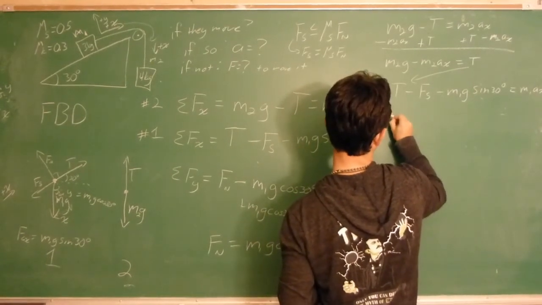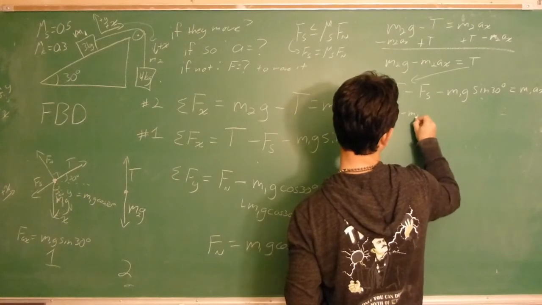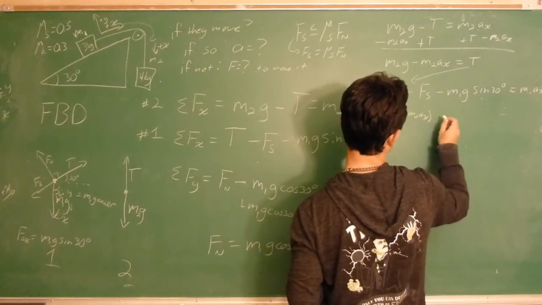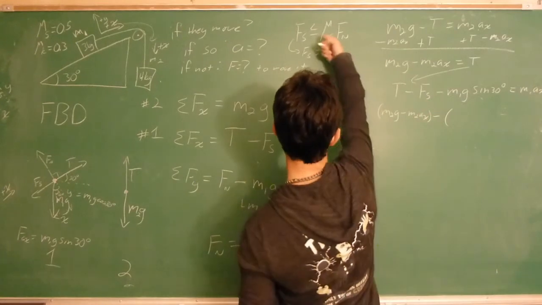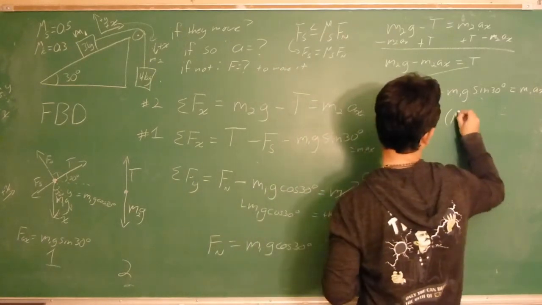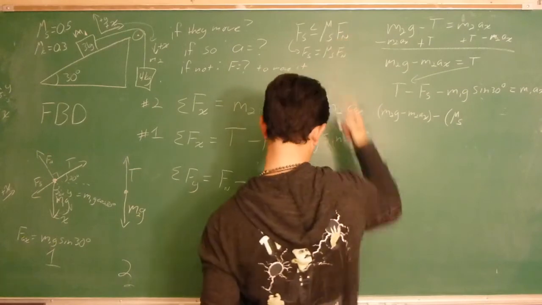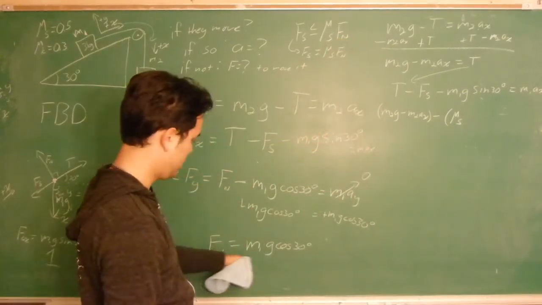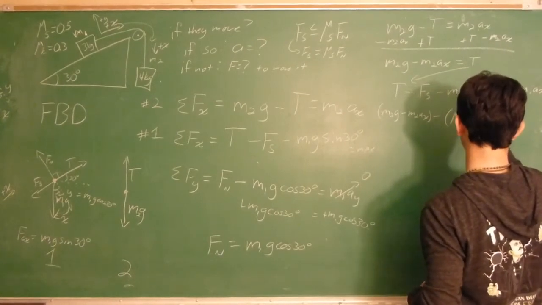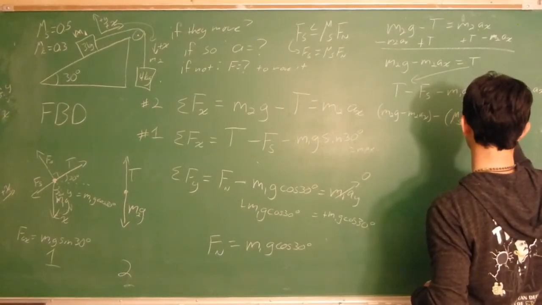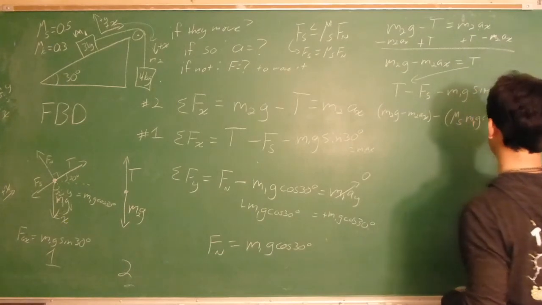So I'm plugging in for my tension. I've got mass 2 times gravity minus mass 2 times acceleration in the x minus, I'm going to plug in for my force of static friction. I've got mu sub s times my normal force, which I look down here, is mass 1 times g times cosine 30 degrees.